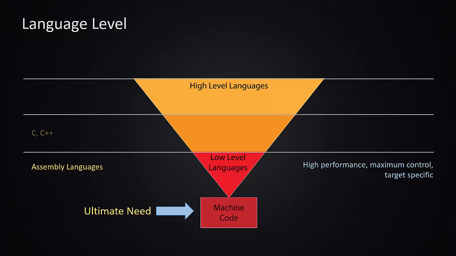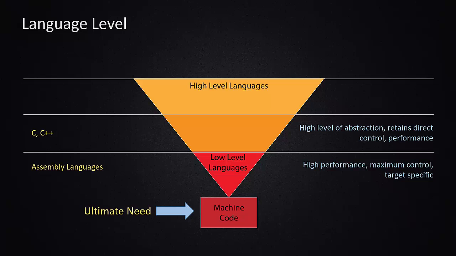The next level up are what we would call the intermediate languages. These are languages like C, for example, and these begin to introduce a high level of abstraction. We can use constructs like for loops and arrays and not have to worry about directly manipulating memory and things like that.